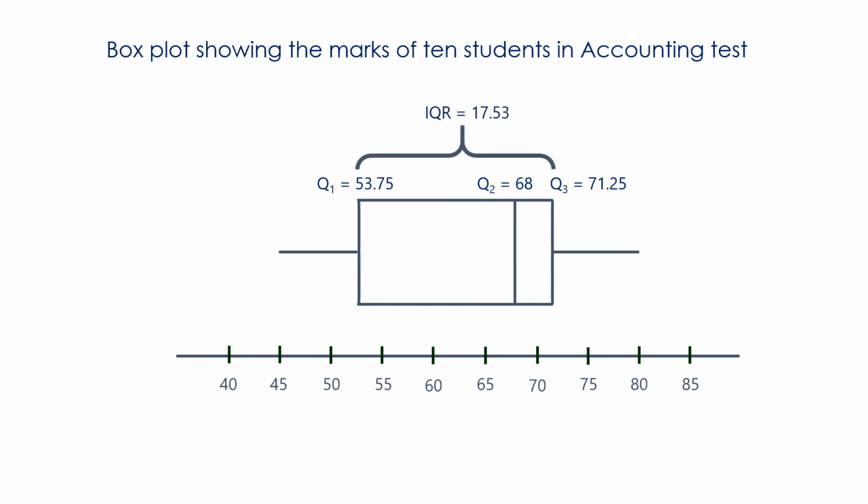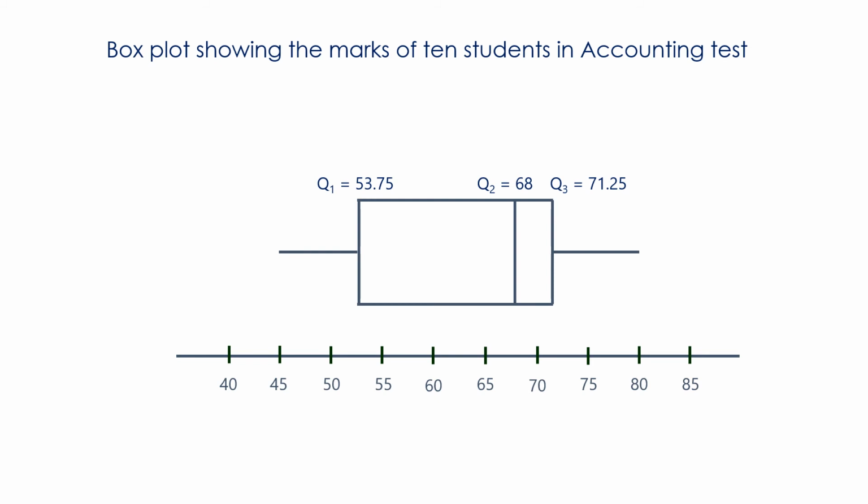From the previous slide, we have found the interquartile range, IQR. The IQR value shows the difference between the first quartile and third quartile. From the box plot, we can also identify the shape of the distribution.